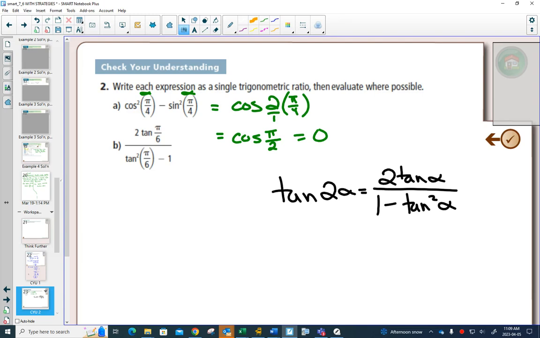It has the 2 tan pi over 6 in the top, so the top seems to match. But the bottom should be 1 minus tan squared, and we have tan squared minus 1. But there are some important math things that we get to remember when doing this question, so it's still good to practice.